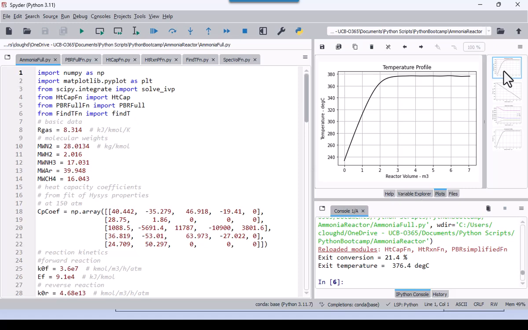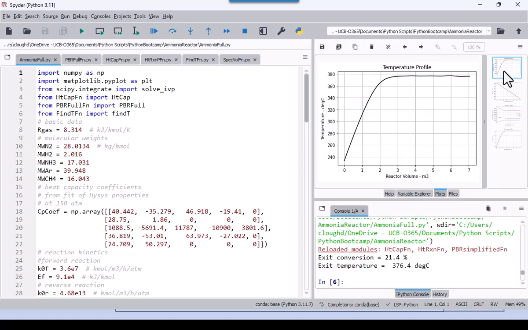And if I go back momentarily, it shows a temperature of 376.4, and our simplified model had a temperature of 376.3. It only differed by 1/10 of a degree, so we didn't gain much there based on the enthalpy balance and based on relaxing constant heat capacity.